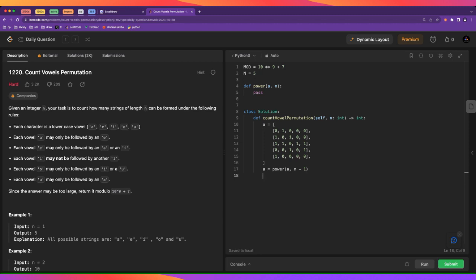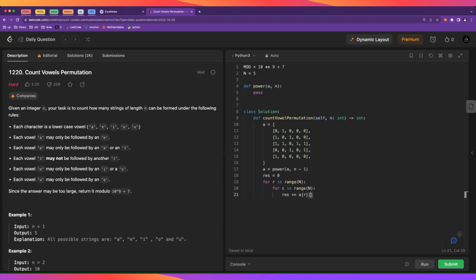And then, since we can start from any node and end on any node, we essentially have to add up the resulting matrix to get the result.